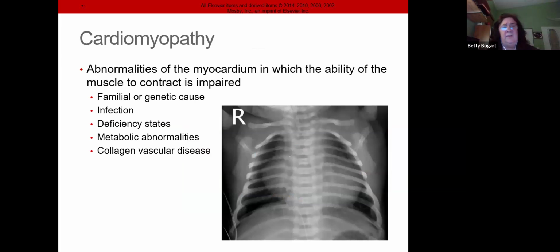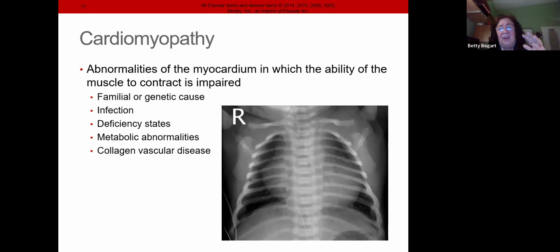And then, as I said in the very beginning, sometimes these heart problems happen due to an infection. Many times, cardiomyopathy, or enlargement of the heart, floppy, not working well, is due to a viral infection. There's other things that can happen, deficiencies, metabolic, etc. But many times it's due to a viral infection.